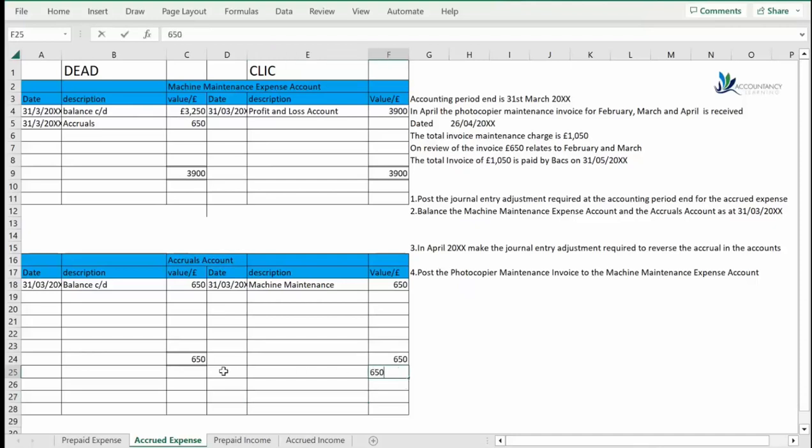Let's finish off by completing the double entry. The balance brought down on the 1st of April is that accrual of £650 representing that liability.